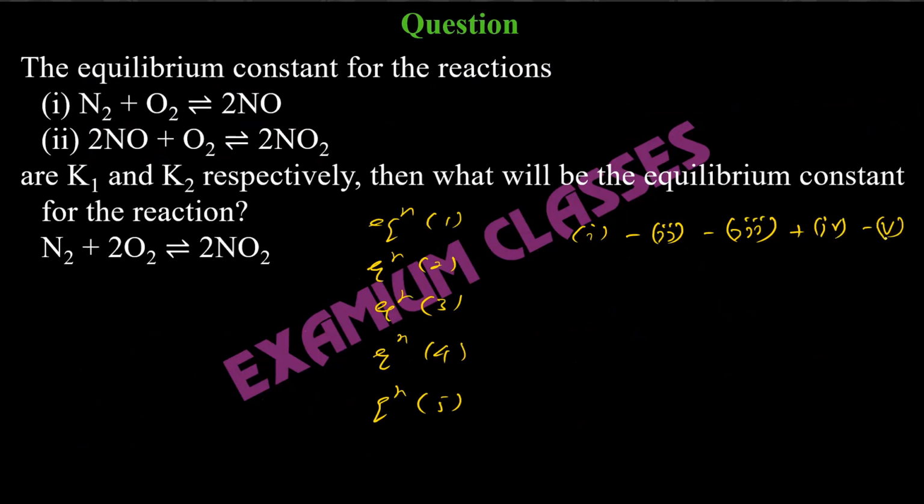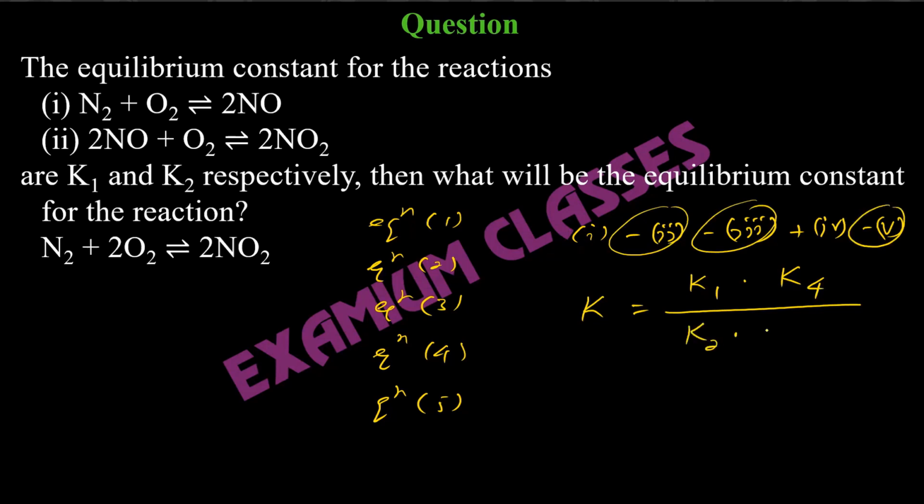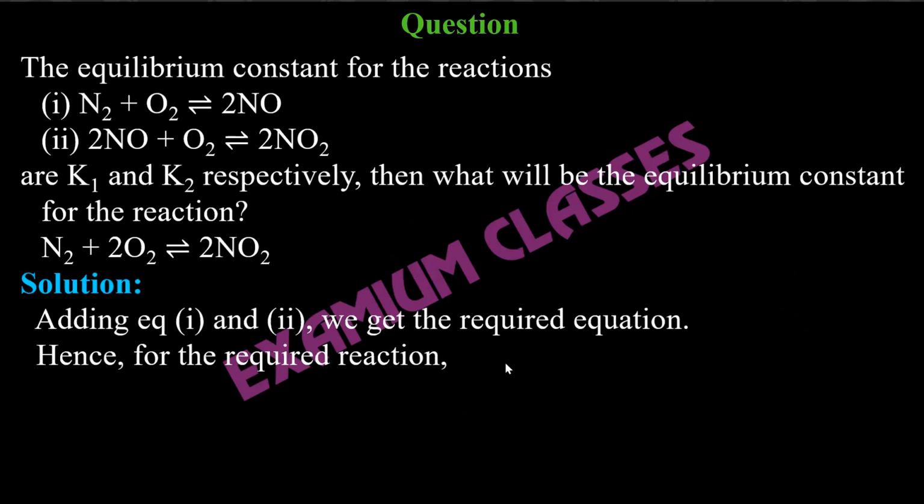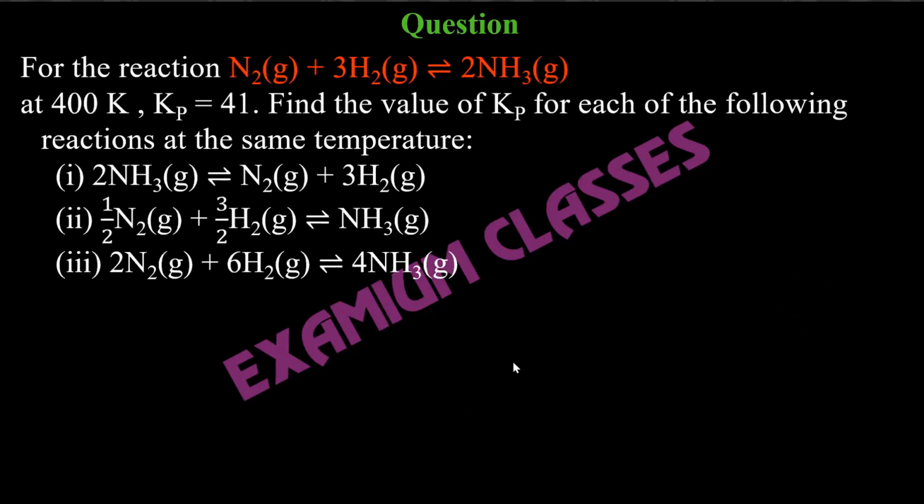Suppose you get the final equation by adding the first and fourth and subtracting the second, third, and fifth. Then the final K will have K1 and K4, because you have added these, in the numerator. And whatever you have subtracted, these three will be in the denominator.